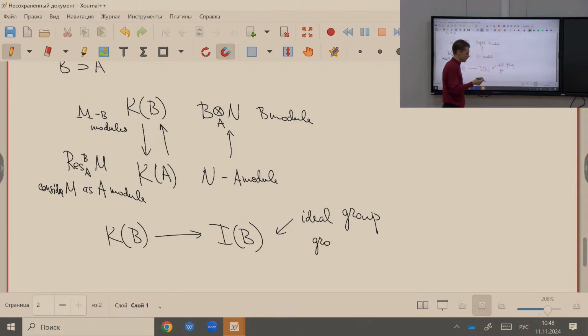Notice that it is not the class group, where you factorize by an additional relation. So the group of fractional ideals.